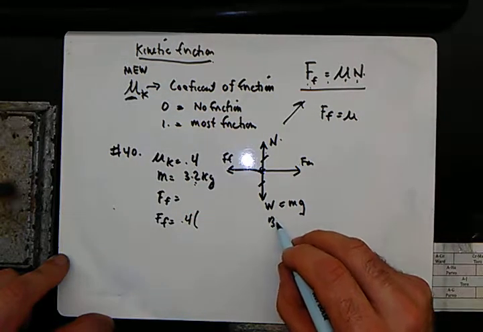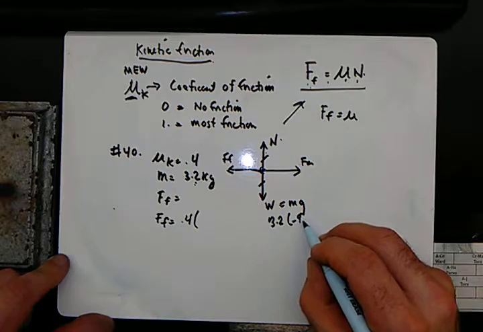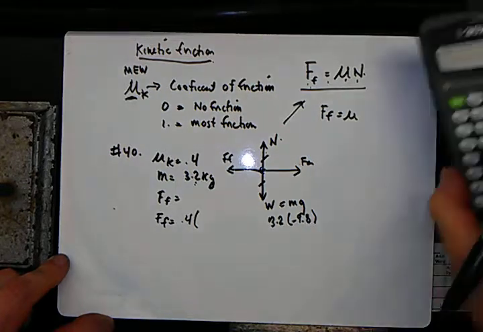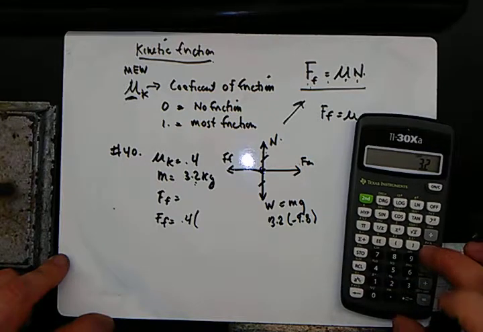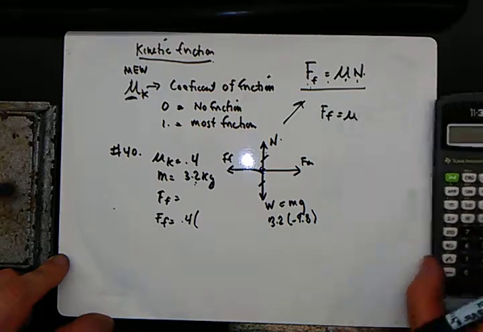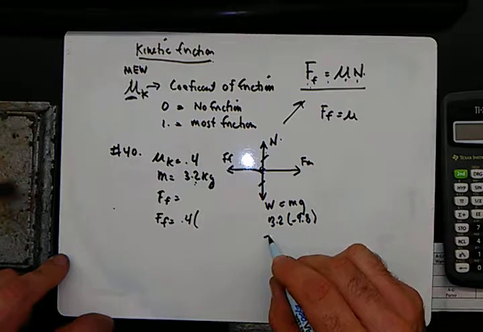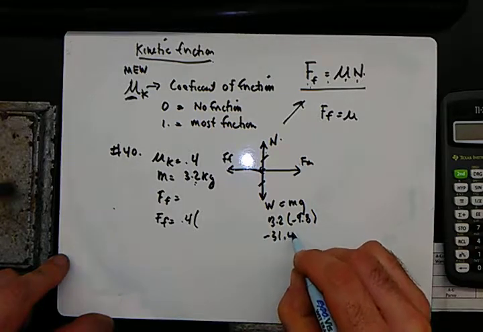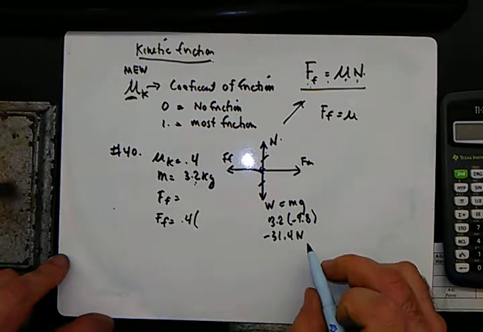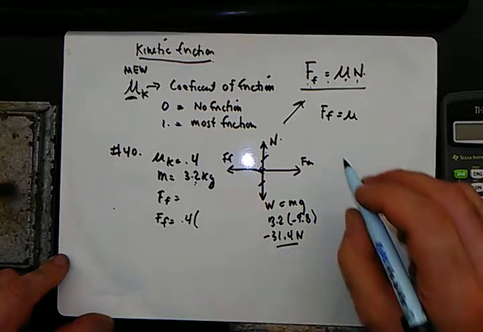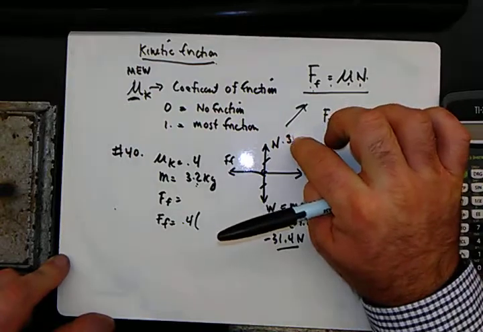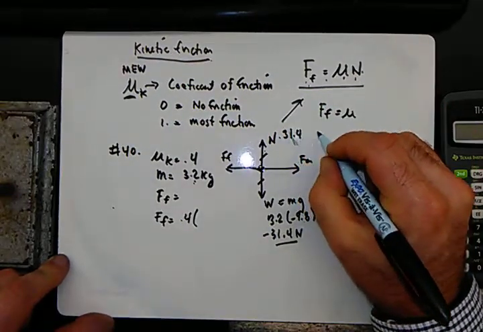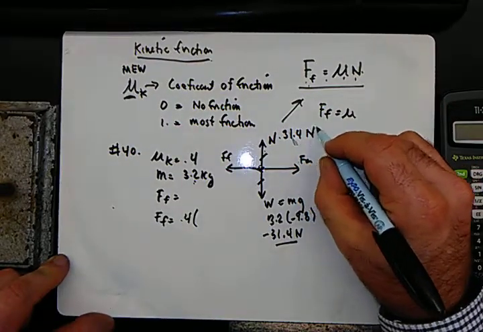Mass is 3.2, gravity is negative 9.8. If we multiply those together, the weight is negative 31.4 newtons. That means the normal force has to be 31.4 newtons as well.